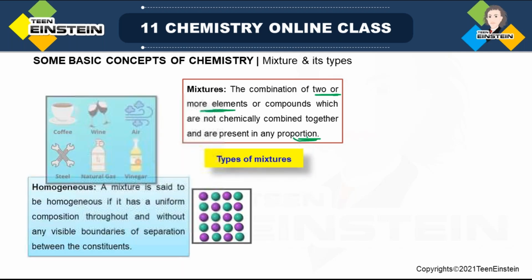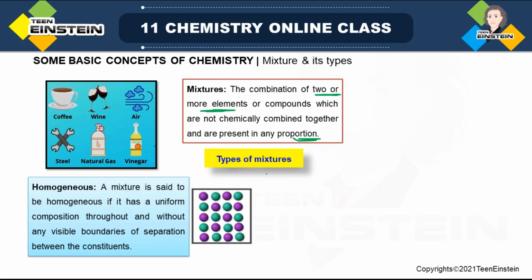Now types of mixture, as we have seen: homogeneous. For homogeneous, if you see this picture carefully, if you take any part from wherever the position, you will always find the same composition. There will be two purple balls and two green balls.